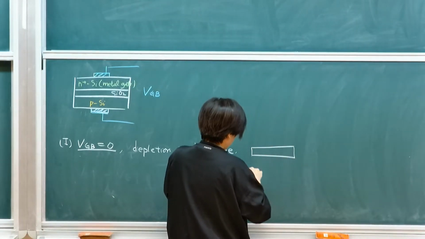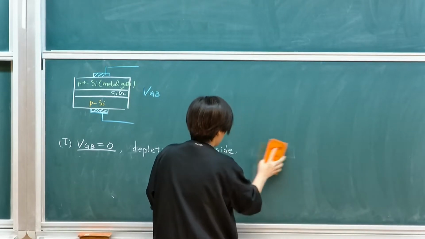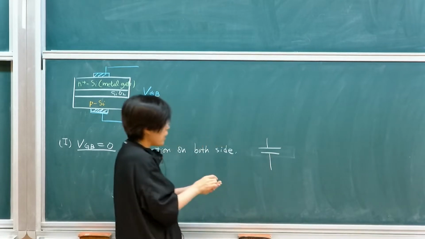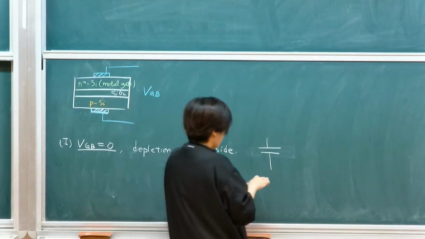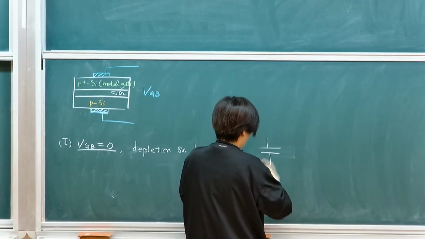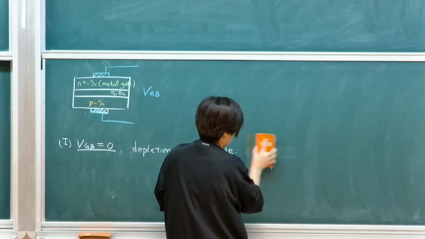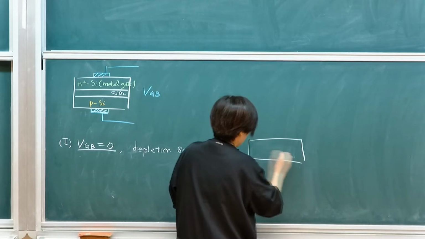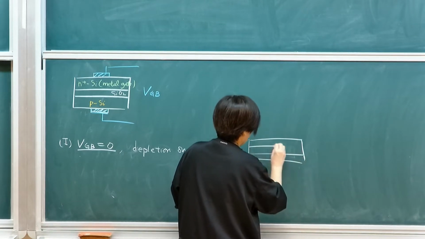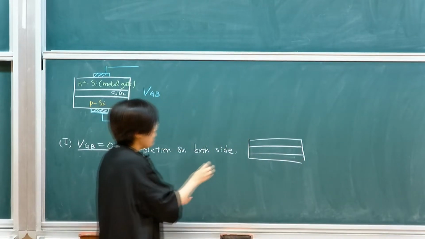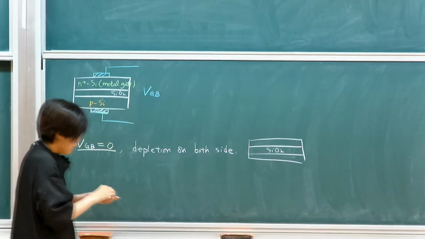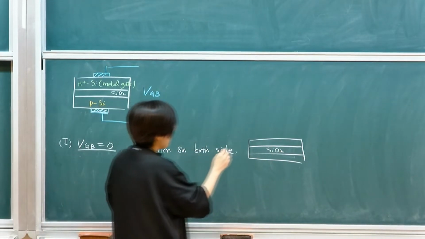Oxide, and then let me just use a parallel plate capacitance. If I'm viewing this as a parallel plate capacitance, I have Q. It will look more like this: I have depletion charge on both sides.